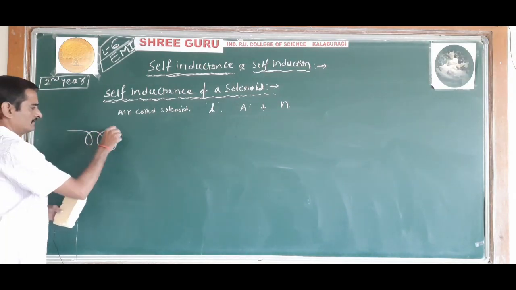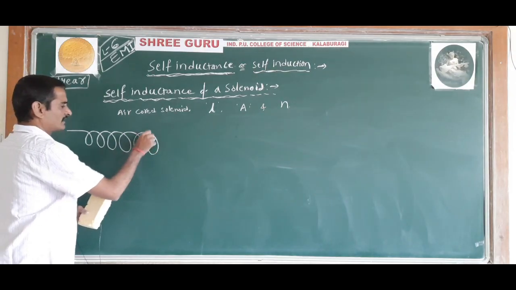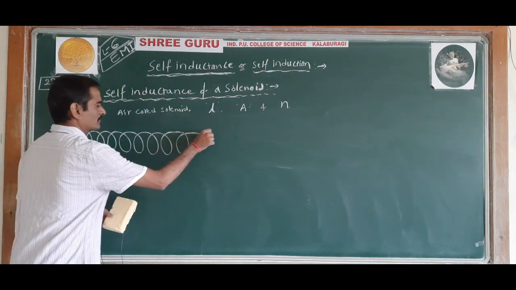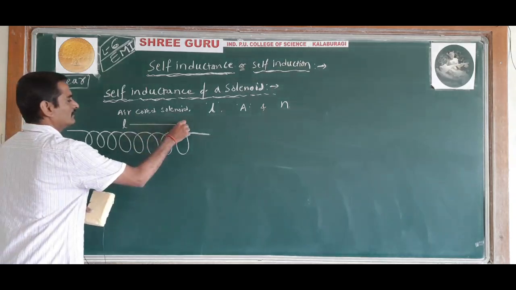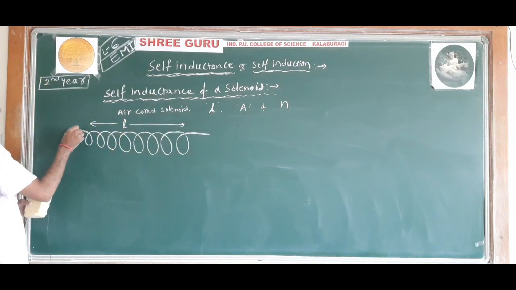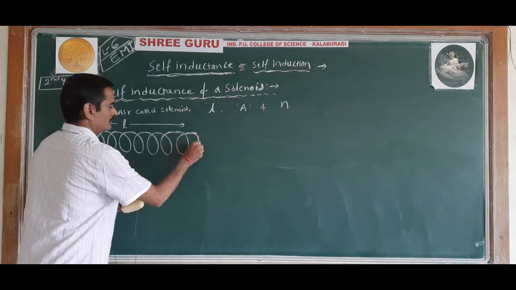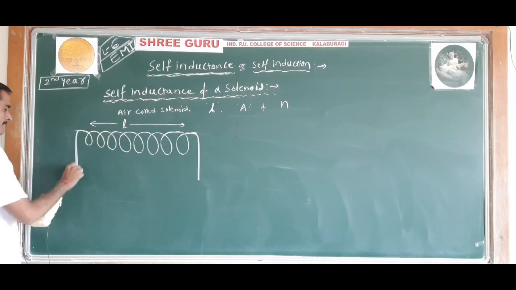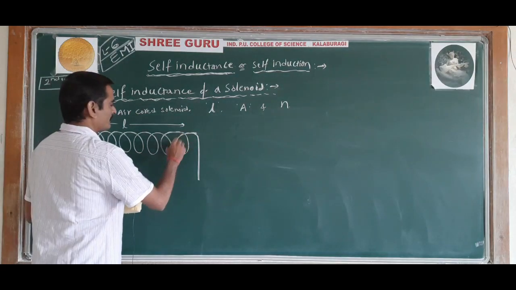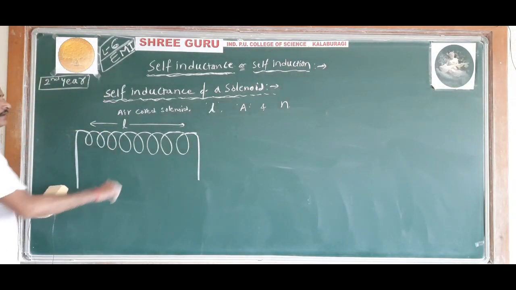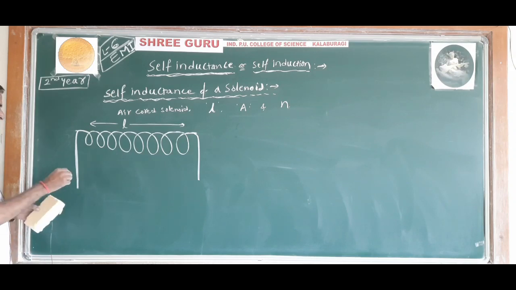A solenoid is a tightly wound coil, like this, and L is the length of the coil, A is the cross-sectional area, and n is the number of turns per unit length.